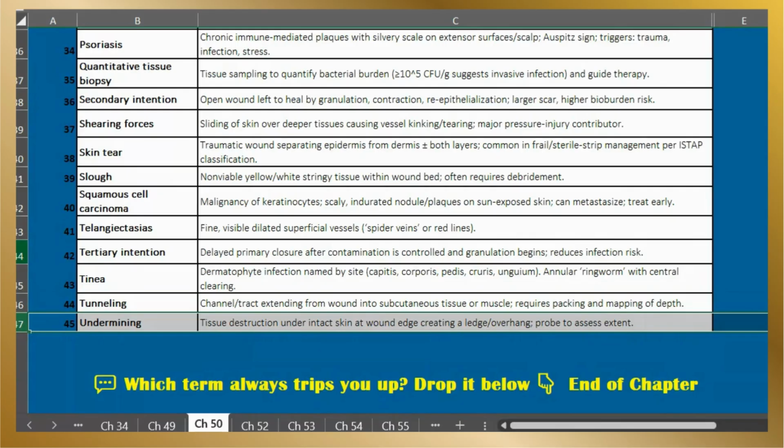And undermining, it's tissue destruction under intact skin at the wound edge, creating a ledge overhang, probe to assess. So it's underside missing below the edge. So probe to assess the extent. Underside missing below the edge, kind of like that.